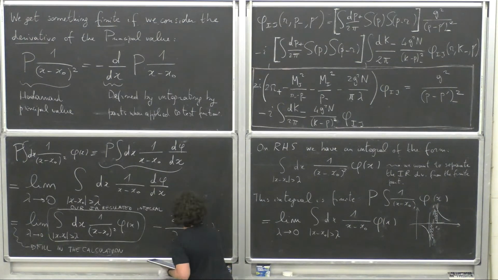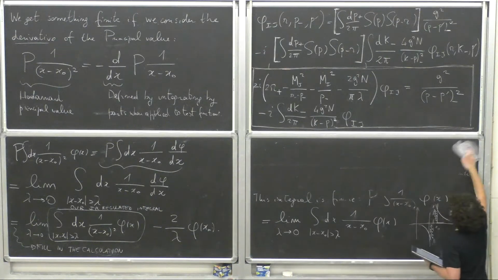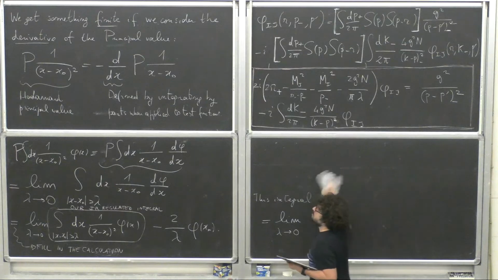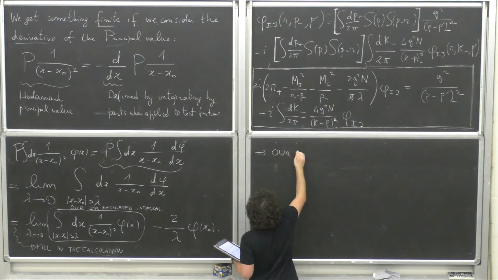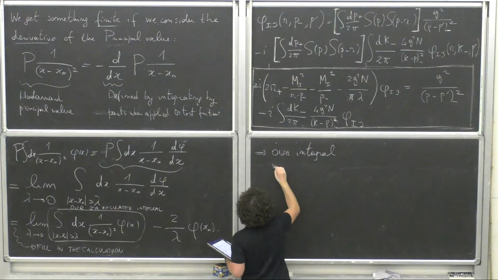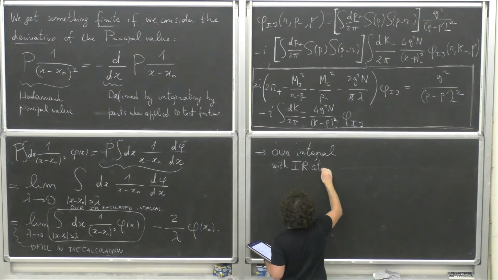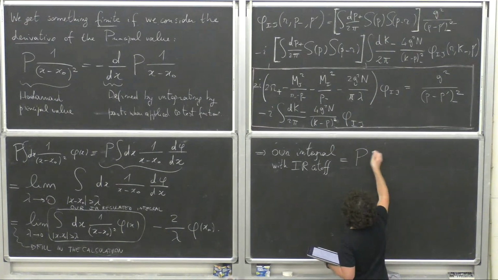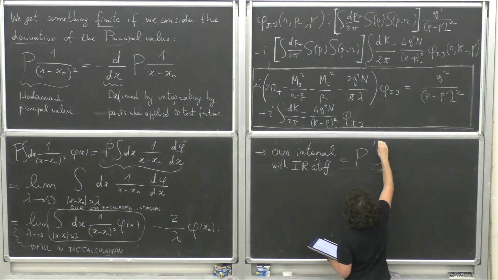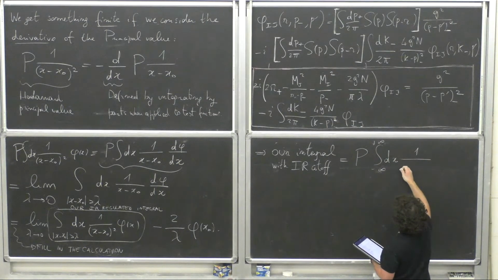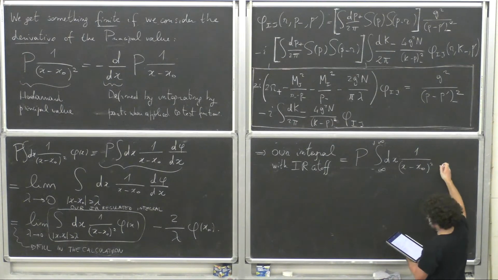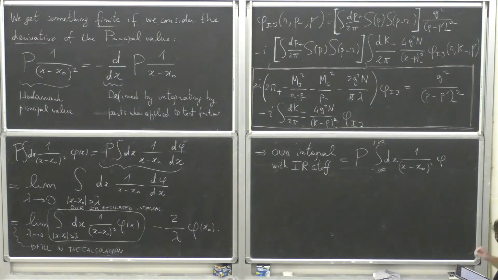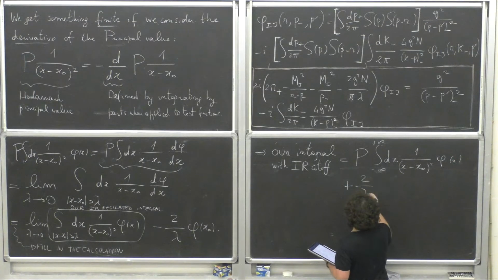Okay, so let me write it here. So in other words, our integral with IR cutoff is equal to this finite piece plus 2 over lambda phi of x naught.